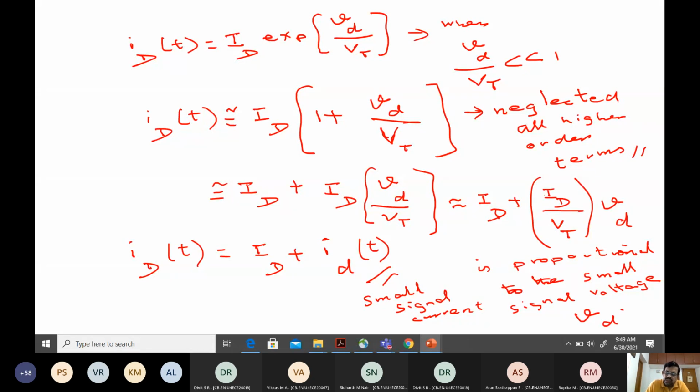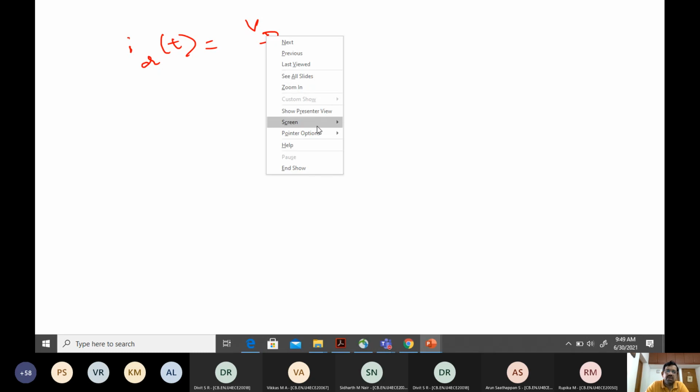Now I will define the small signal resistance. What we have seen is that small id of t is equivalent to, sorry, we have to be very careful.